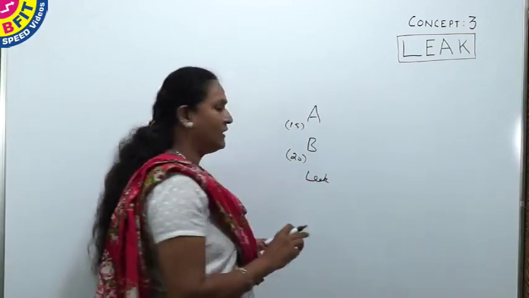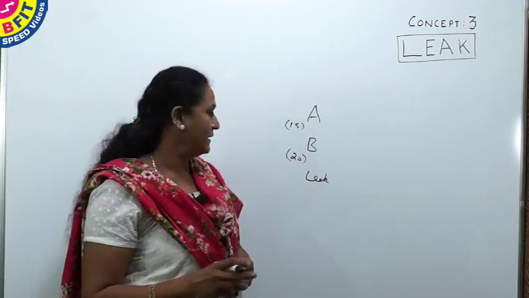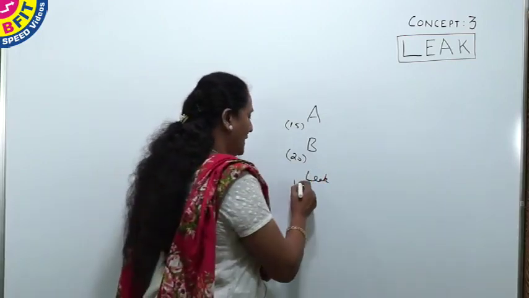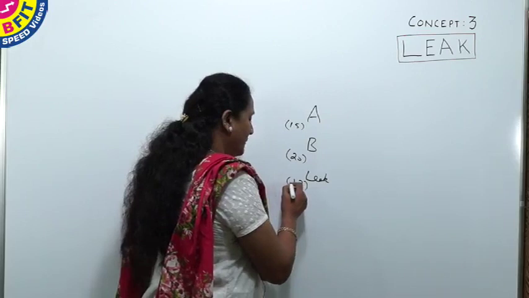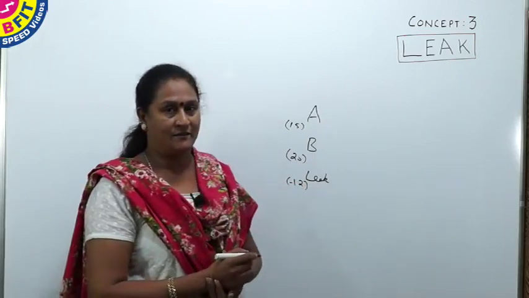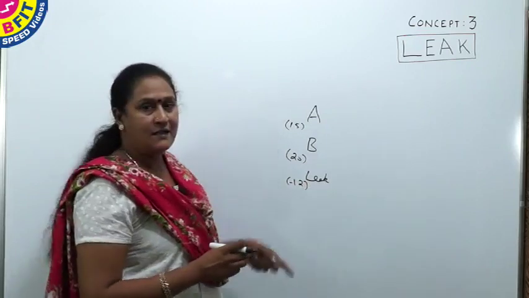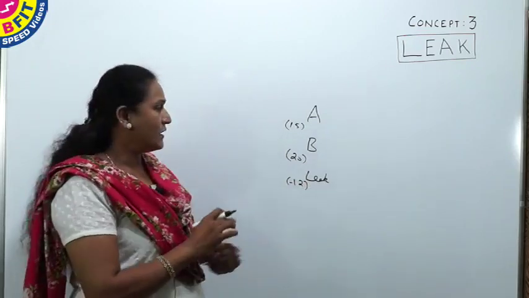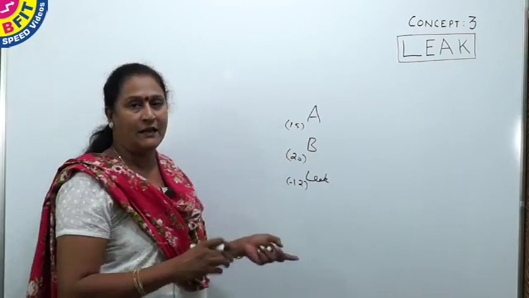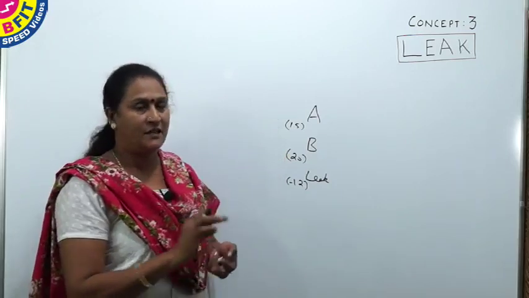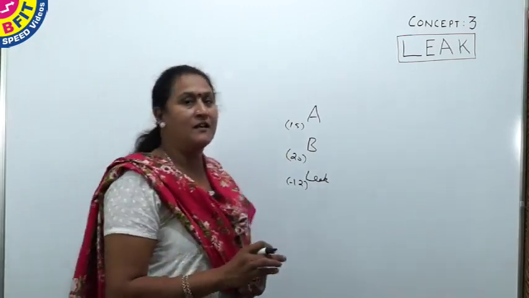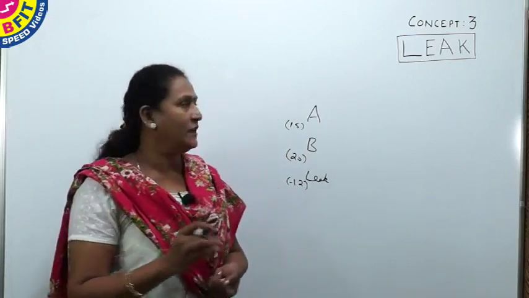So this leak we'll consider as a pipe which is emptying the tank in 12 minutes. So for emptying, we'll take a minus sign. So now for more than 2 taps, we can take LCM for time taken. So what is LCM for 15, 20 and 12? So it is 60 liters, and we'll assume that there is a tank which can hold 60 liters.